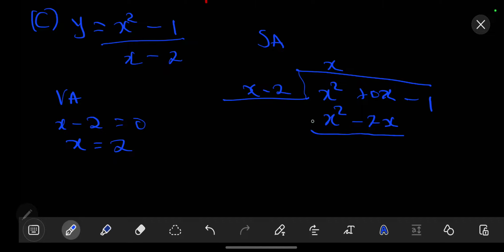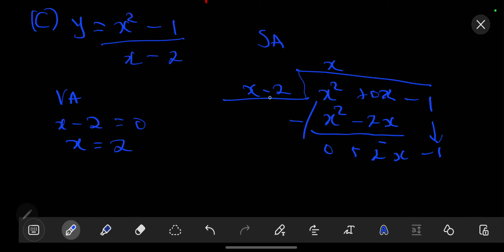Then we subtract this. When we subtract this, x squared minus x squared gives us 0. 0 minus negative 2x will be positive 2x like that. Then also we have a negative 1 that will be dropped here.